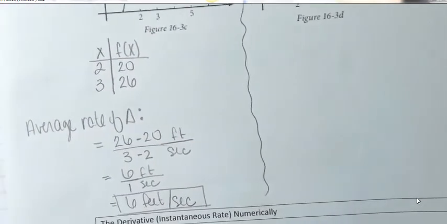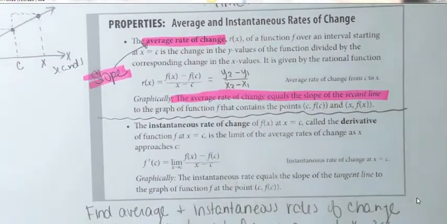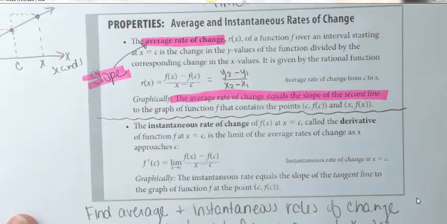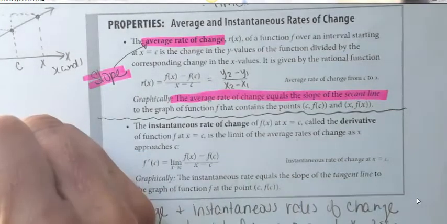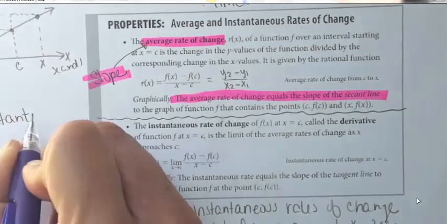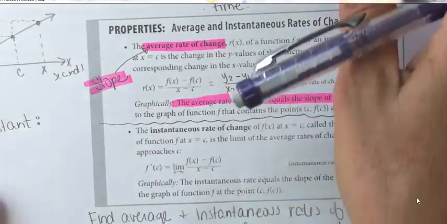Okay, so now let's talk about instantaneous rate of change. Back to the front page. So let's talk about instantaneous. What is an instant? Sorry, I'm not even on the page anymore.